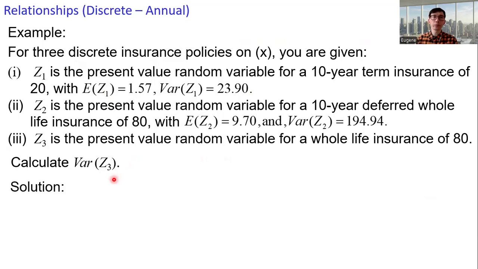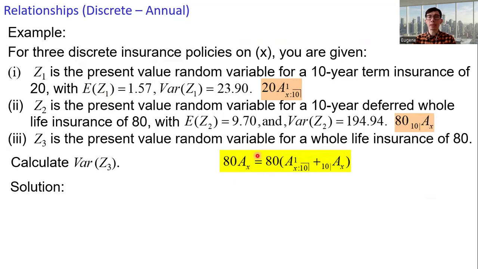The notation: the first policy is 20 times the 10-year term insurance. And then the second policy, benefit 80 times the 10-year deferred whole life insurance. And Z3 is 80 times Ax. Related to the third policy, 80 times Ax.